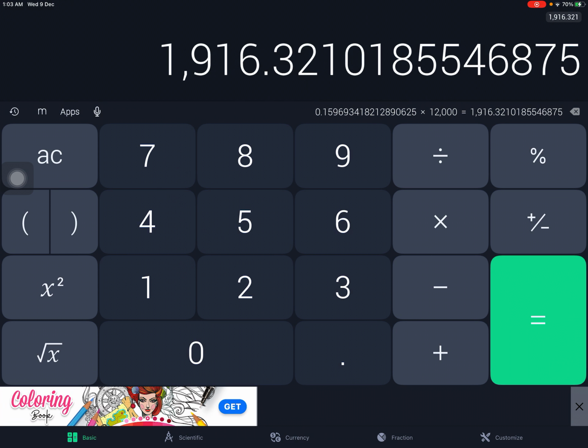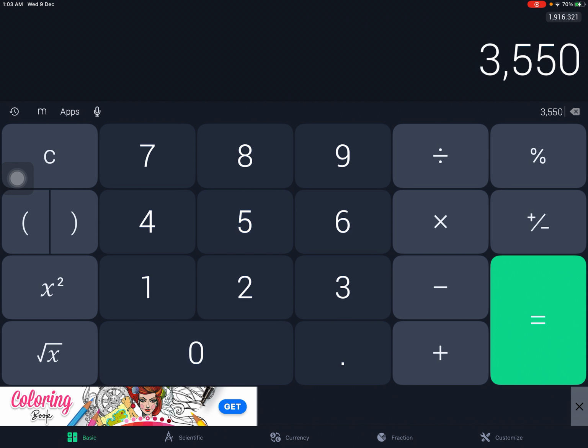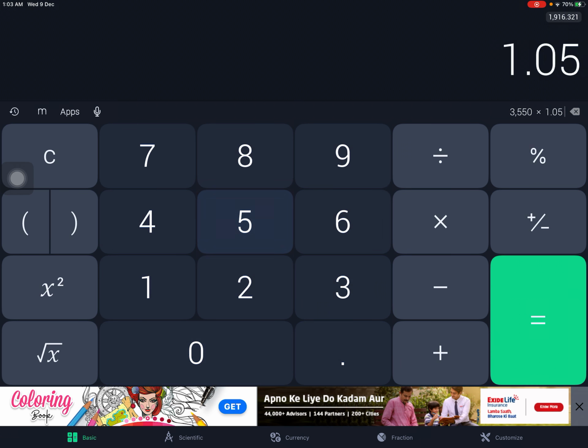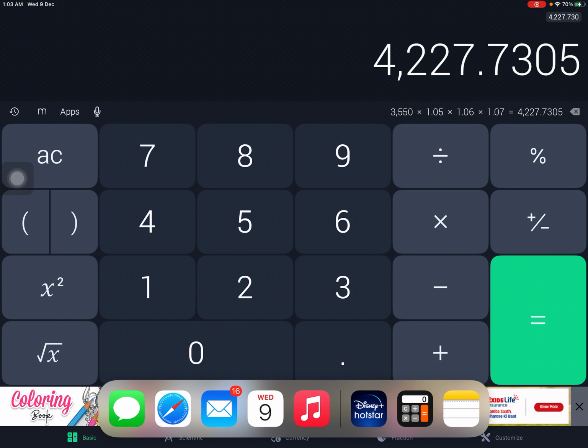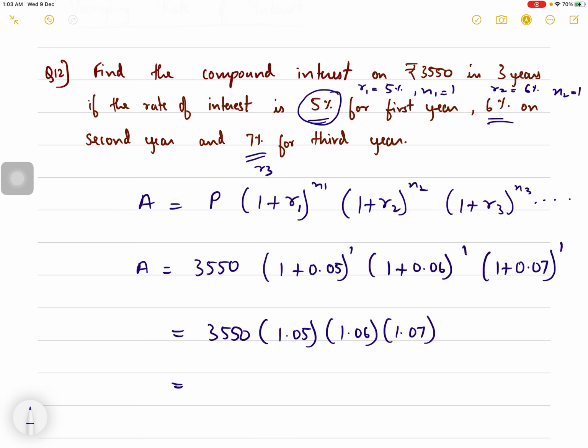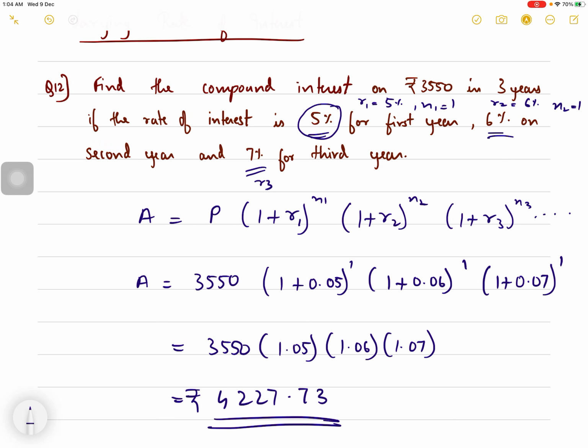So 3,550 into 1.05 into 1.06 into 1.07 comes to 4,227.73. So this is the amount.